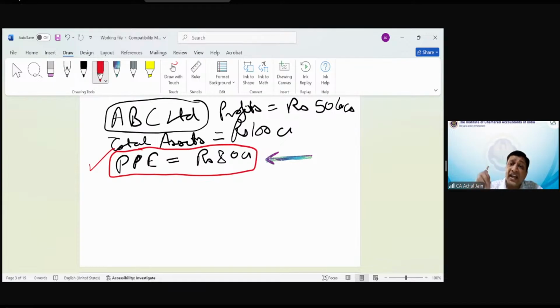But this single line item is so significant, its proportion is so significant as compared to the total size, that if this line item remains materially misstated, then the impact will effectively flow down to the entire set of financial statements.